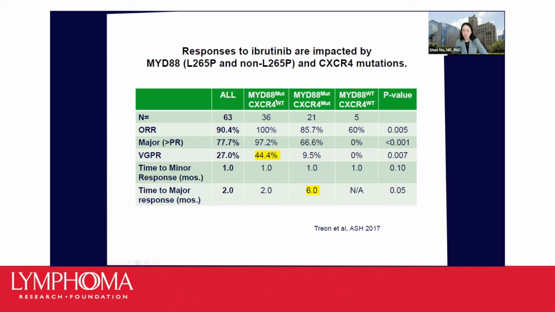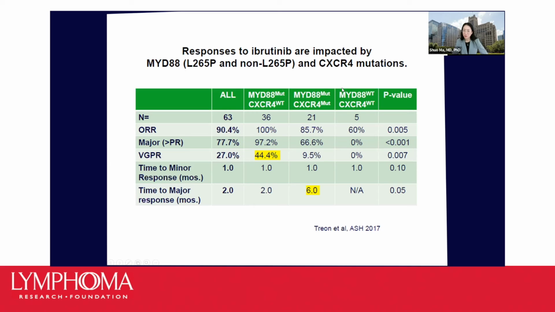WT stands for wild type, meaning normal, no mutation, okay? The second column is single MYD88 mutation. The third column is patients who have both mutations. And the fourth column is for patients who do not have the MYD88 mutation.